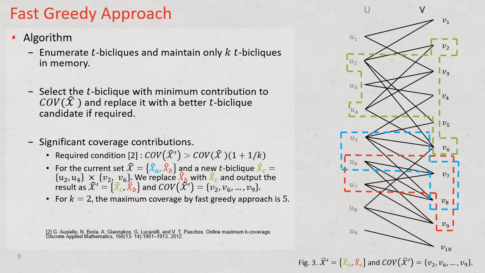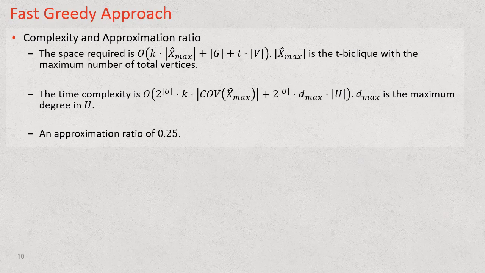So based on the required condition, the new coverage would be 5, which is greater than 1 plus 1 by k times the previous one, which was 4.5. Hence, the maximum coverage by the fast greedy approach is 5. The fast greedy approach also provides an approximation ratio of 0.25. We observe that this approach requires only polynomial space complexity instead of exponential as in the baseline approach.